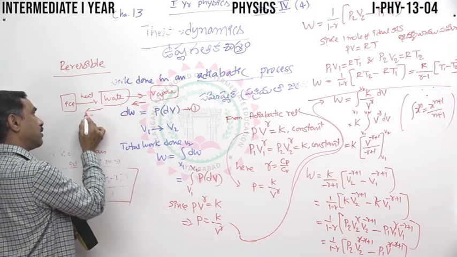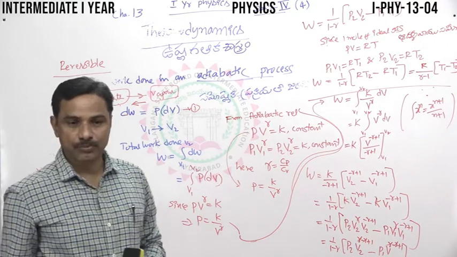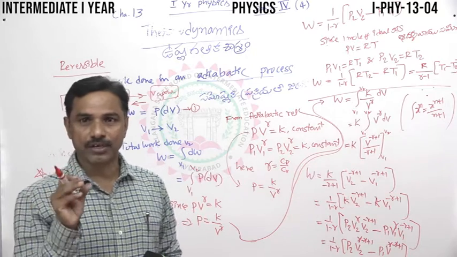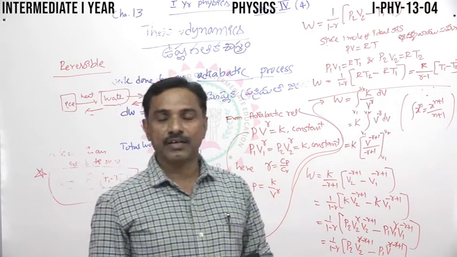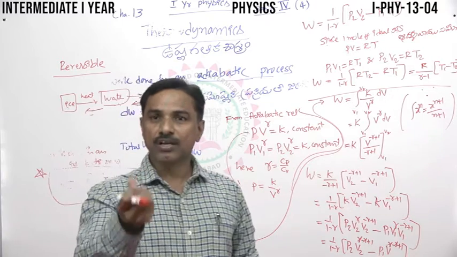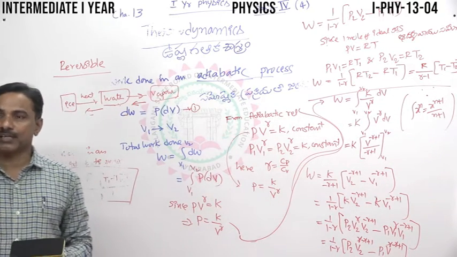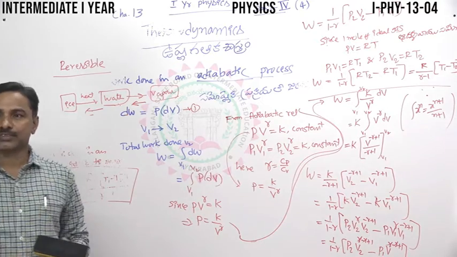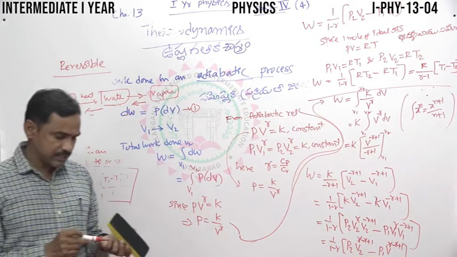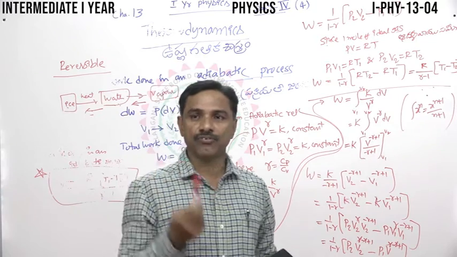Further you cool, again ice will be formed, isn't it? In refrigerators, you put some water in containers and keep it in the deep freezer, and the water will be converted into ice cubes, right? You are removing heat from water, cooling it, and then the water is converted into ice. You will discuss this a lot in the latent heat of fusion and latent heat of vaporization.